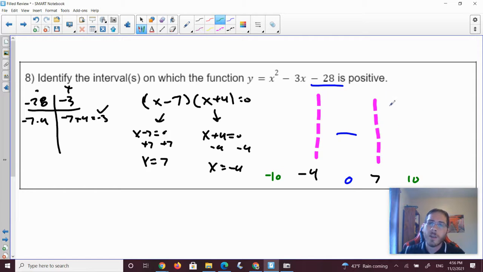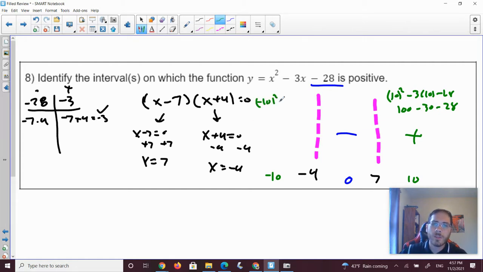If I plug 10 back into the equation, I get 10 squared minus 3 times 10 minus 28, which is 100 minus 30 minus 28, which I can tell is positive from there. If I put negative 10 in, so negative 10 squared minus 3 times negative 10 minus 28 is 100 plus 30 minus 28, which is also going to be positive.